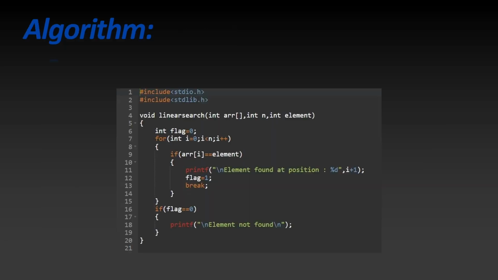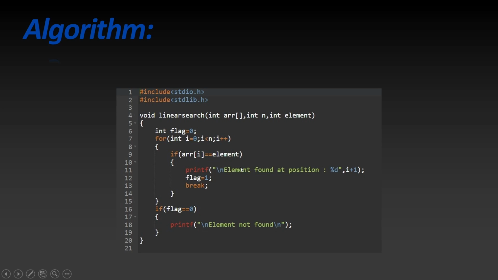So this is the algorithm of linear search. I've done the code in C. First we have a flag which I've set to 0. Then we have an iterator i which is traversing through the array linearly. We check the array at each index and check if it is equal to the element.